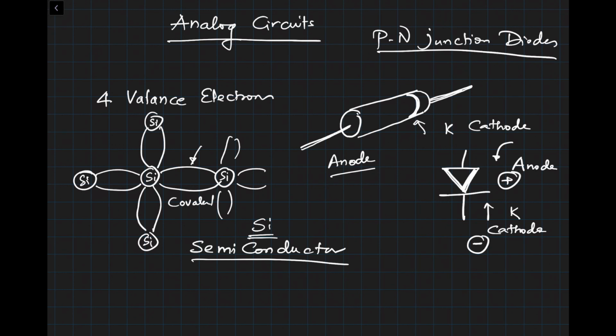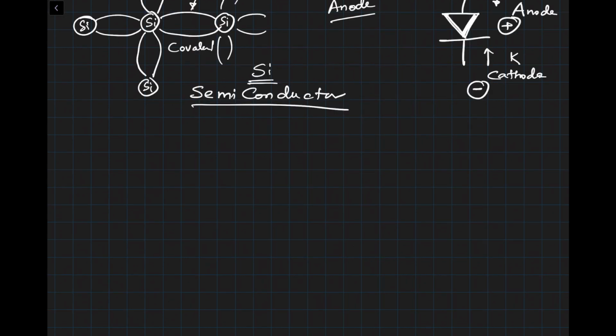The cool thing that happens is when you introduce some impurities in this silicon. There is one equation that is useful here, which for silicon as a semiconductor is P times N equals Ni squared.